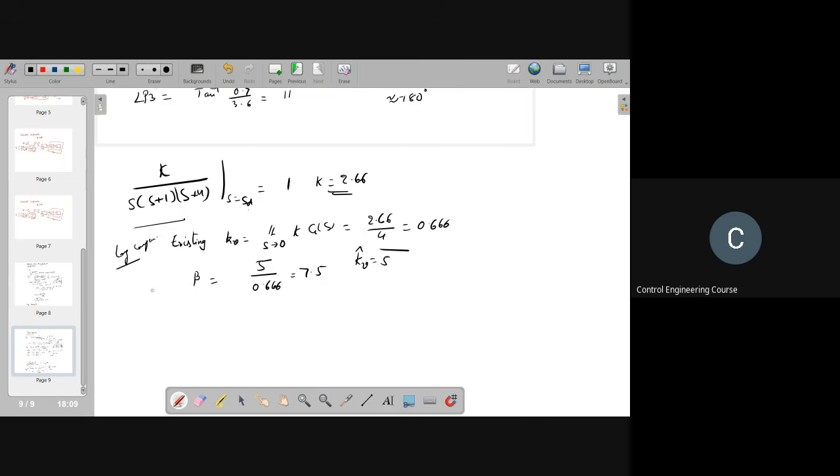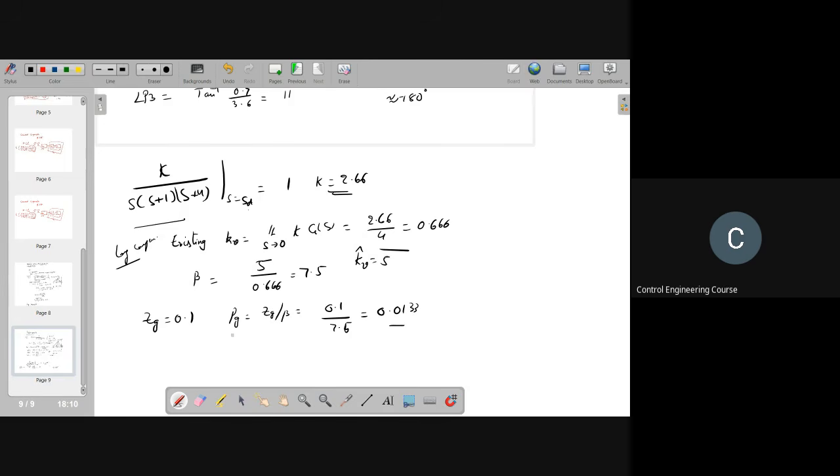Now we have to choose the zero and pole for this compensator. Let's assume Z_c as 0.1, and P_c is equal to Z_c by beta. That is 0.1 by 7.5, which is equal to 0.0133.